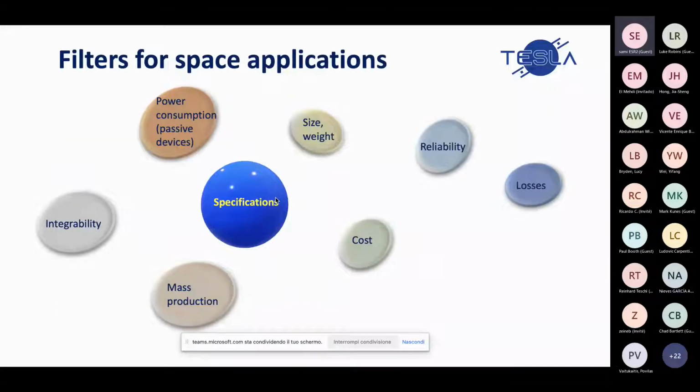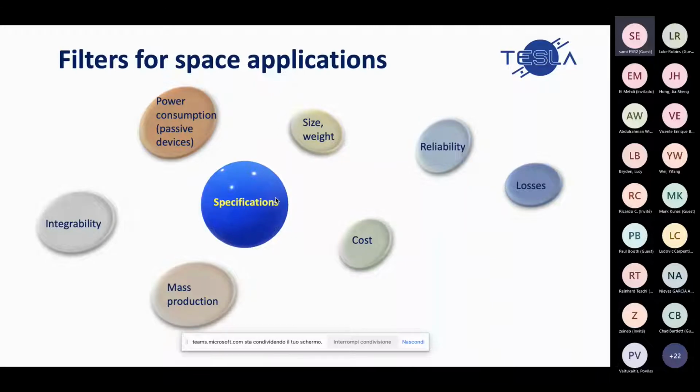So here, the slide with the features that a filter must have in space. A satellite, once launched into space, must guarantee a substantial lifetime, which justifies the resources that we use for its creation and use. So the cost, the integrability, reliability, and the size are of vital importance.